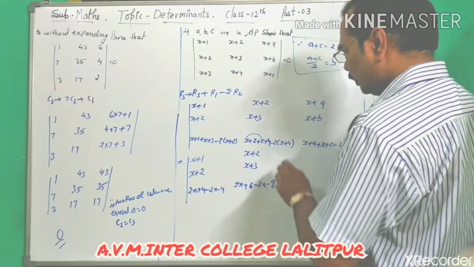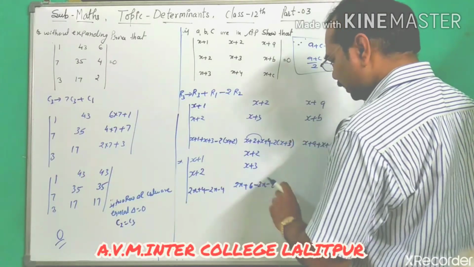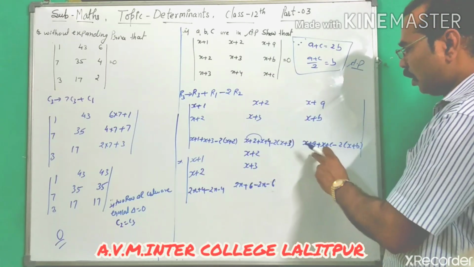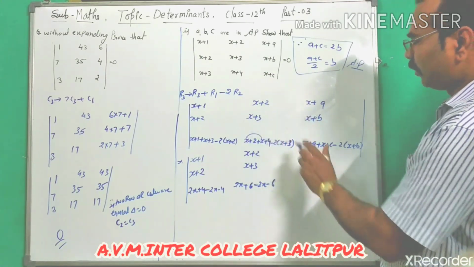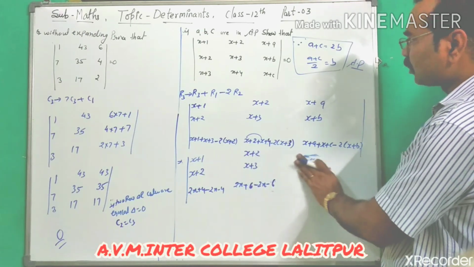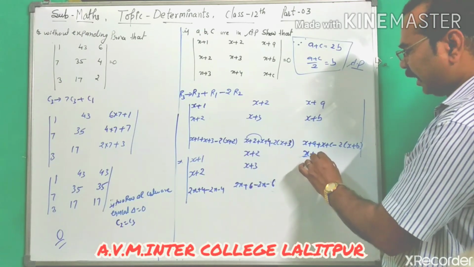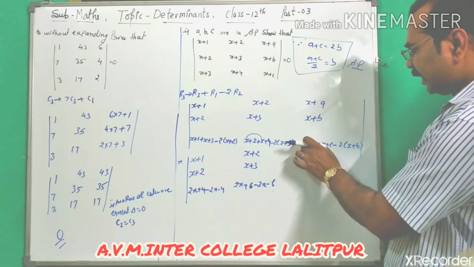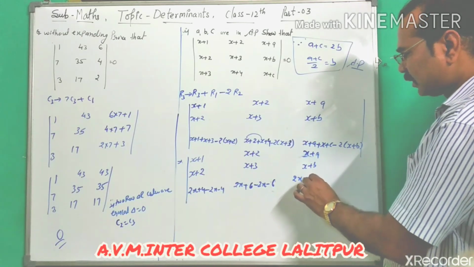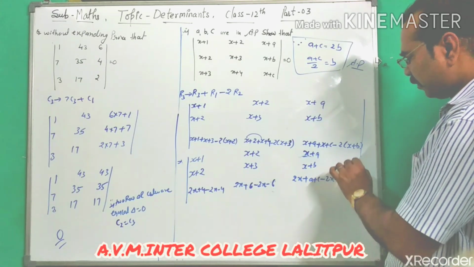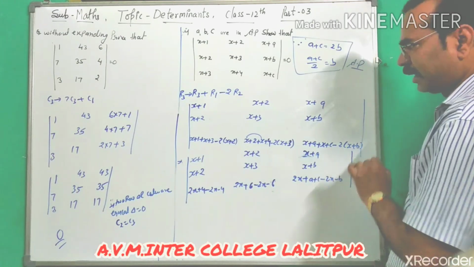Now the next one, here also there are the same values: x plus 2, next x plus 8, next x plus b. Here x and x make 2x, then a plus c minus 2x minus b. Okay students, that is another value.